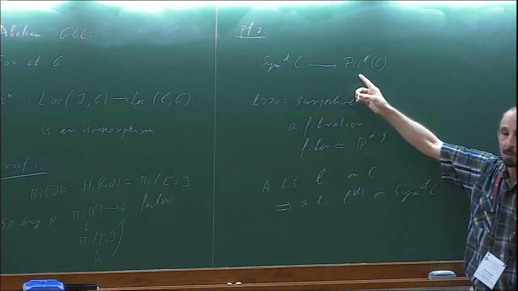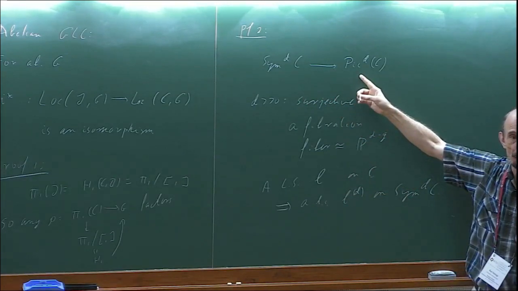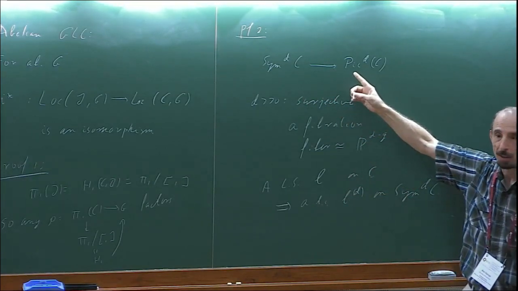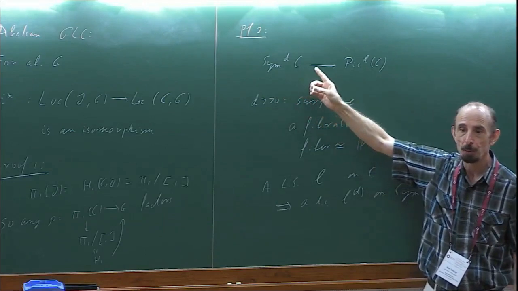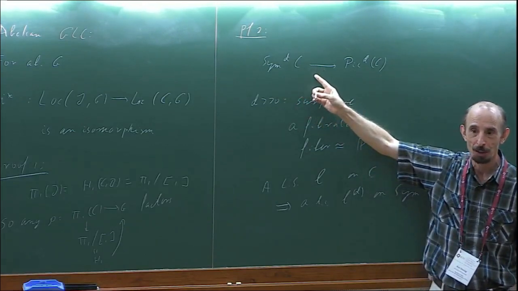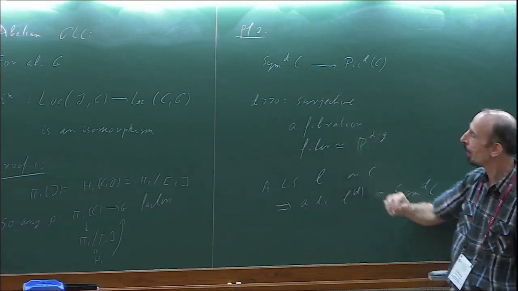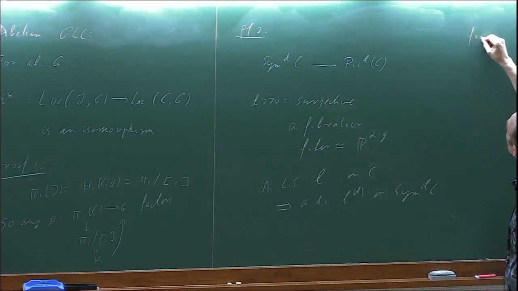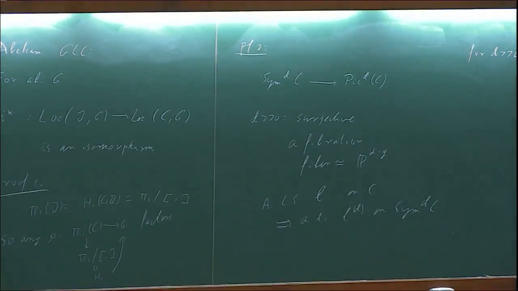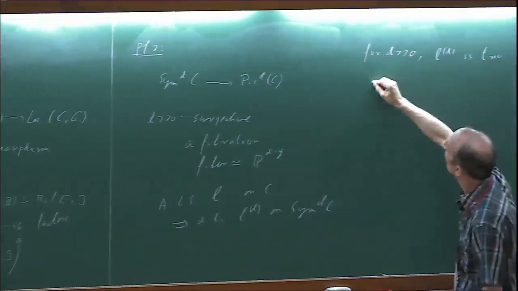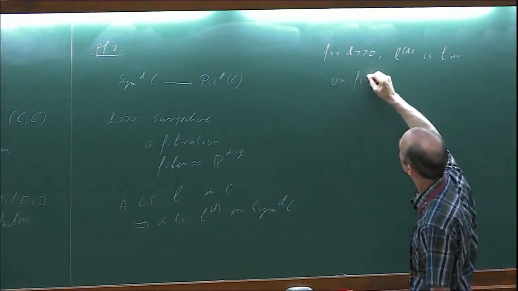But if this thing is a fiber bundle, and the fibers are projective spaces, which are simply connected, the local system will have to be trivial on each fiber, so it descends to a local system on Pic^d. So for d sufficiently large, L_d is trivial on fibers.